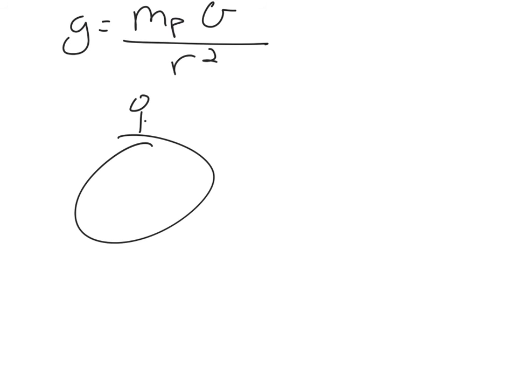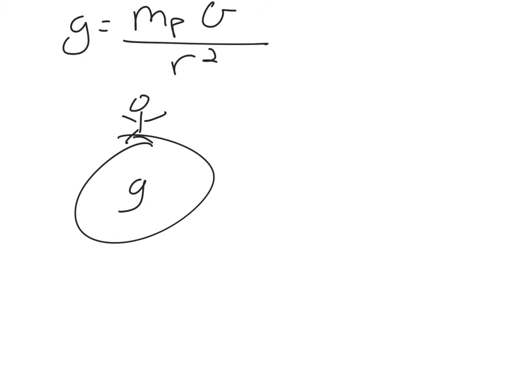The other way we can approach this is with that gravity equals the mass of the planet times the big G over r squared. So a problem might say Bob is standing on a planet that has some acceleration due to gravity g.